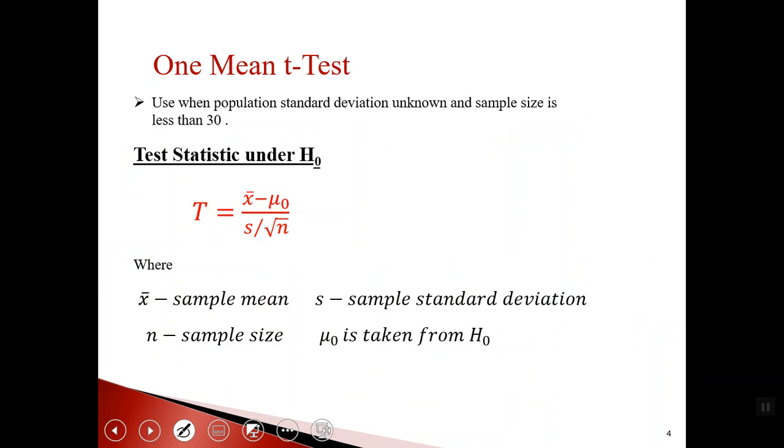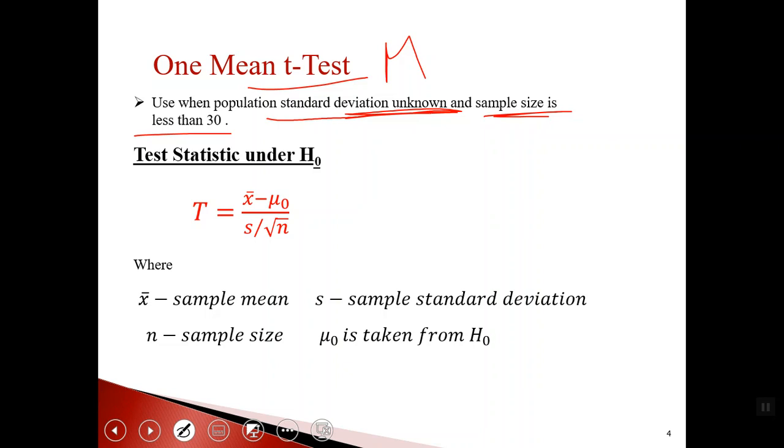At what time do we need to use this T test? We call it one mean T test because we have to consider just mu. We use it when population standard deviation is unknown and sample size is less than 30.